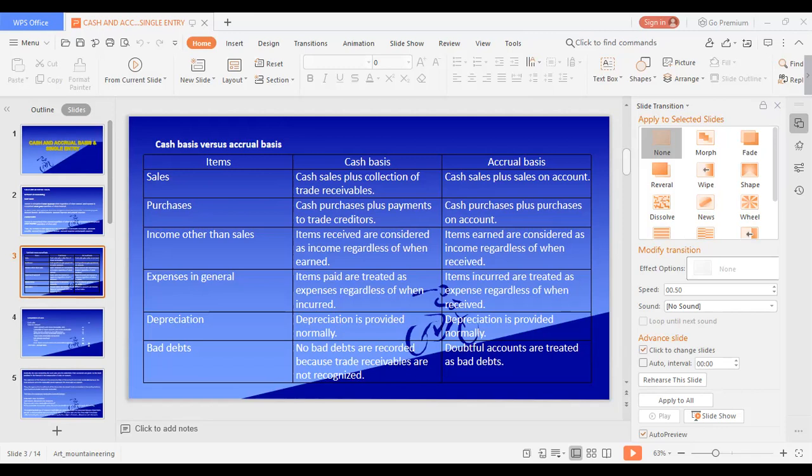Then number 10, the mortgage was on the land and building and was obtained on September 1, 2020. The interest rate is 12% per annum, payable semi-annually on September 1 and March 1. The mortgage will mature after 4 years. So we have now the entry: debit interest expense. The amount of the mortgage given in the problem is 900,000.